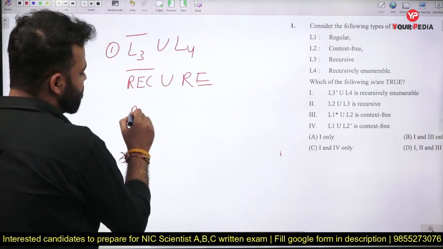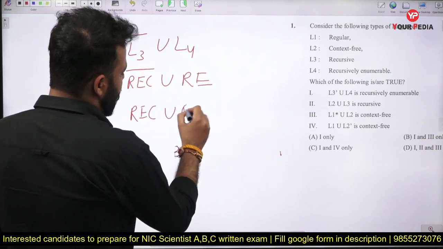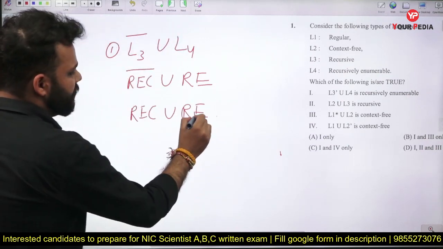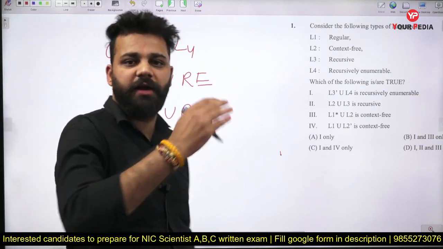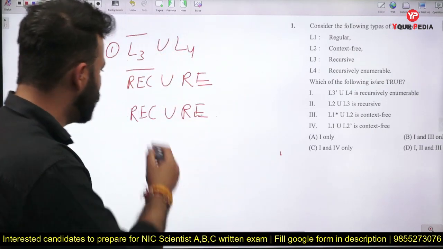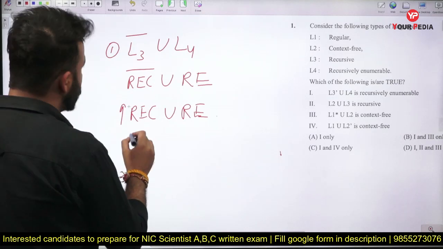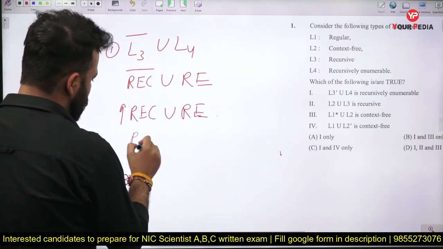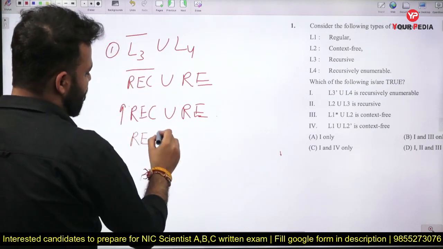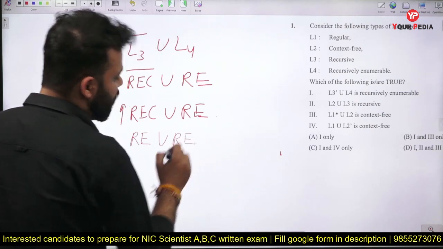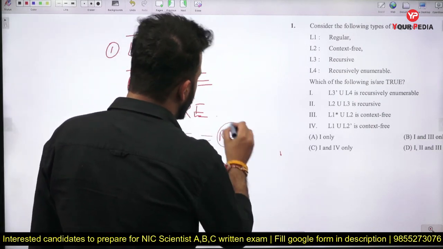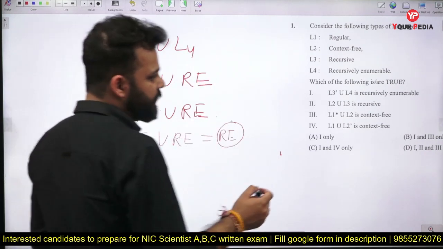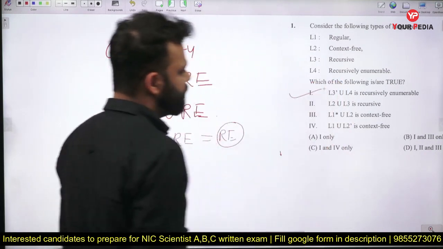So intersection of recursive is recursive, and if we take the union, now these two are not same. Recursive is one level below RE, so we have to up the level, so we will up the level: RE union RE. Now RE is closed under union, so this language will surely be RE, recursive enumerable. So this first is true.